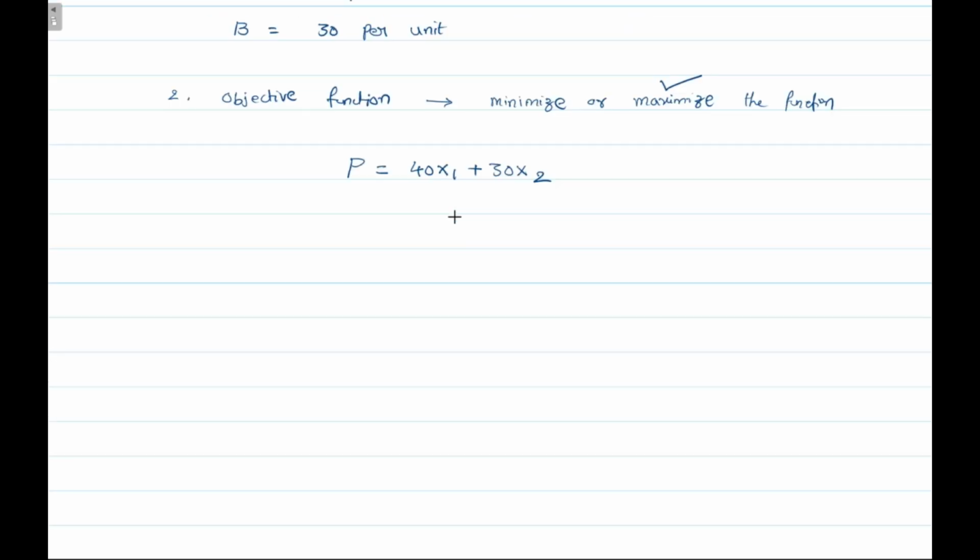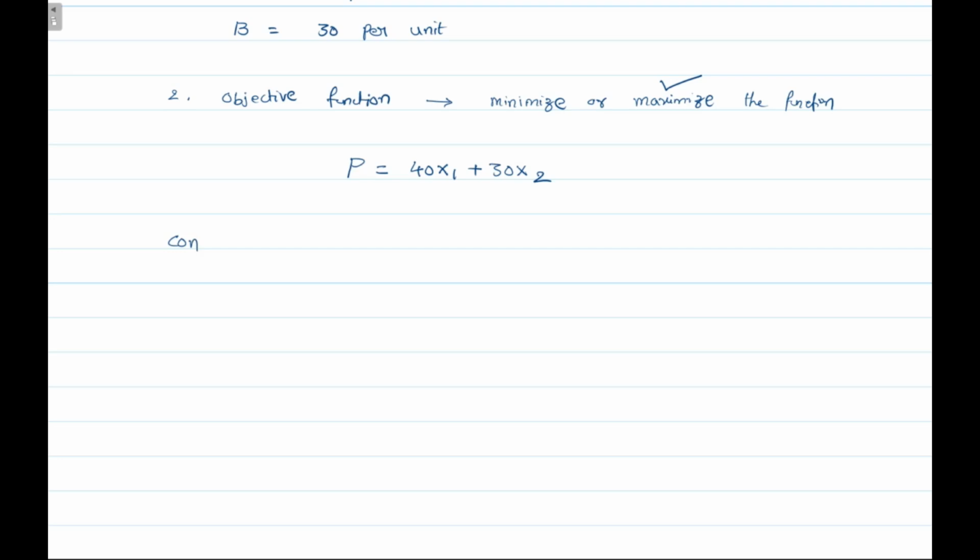And next one is the constraints. Constraints are some limitations. There are two types of optimization: constrained optimization and unconstrained optimization. Constrained optimization means there are some limitations in the optimization, like x1 can be taken up to only 10, or x2 can be considered up to only 50.